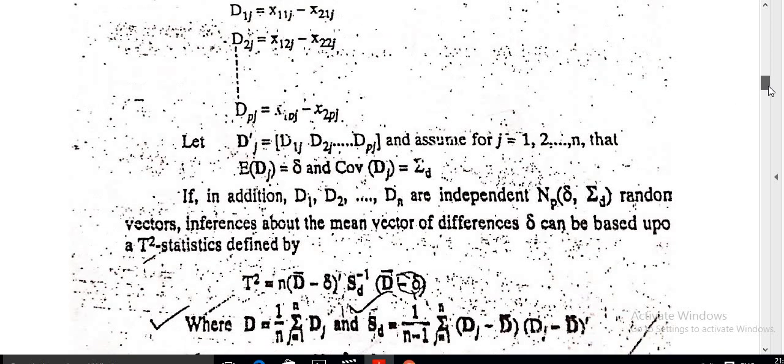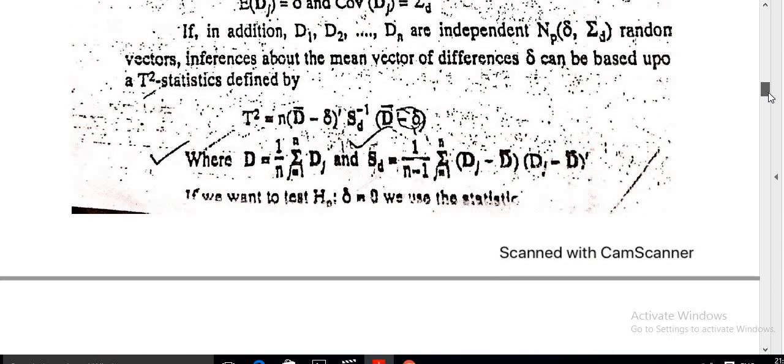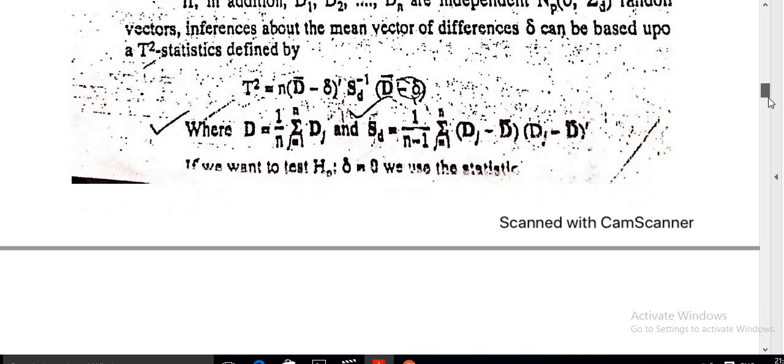SD is the variance of the differences between before and after observations of different variables. Here we have not a single variable; at the same time we have a number of variables. It may be sugar level, blood pressure, temperature. These are three measurements in the case of before taking a medicine and after taking a medicine, or before breakfast and after breakfast.